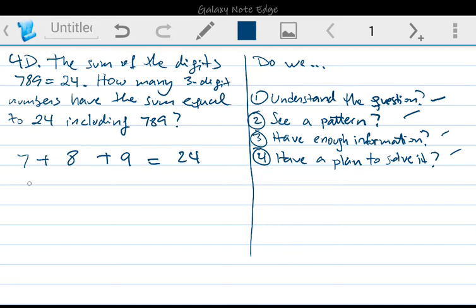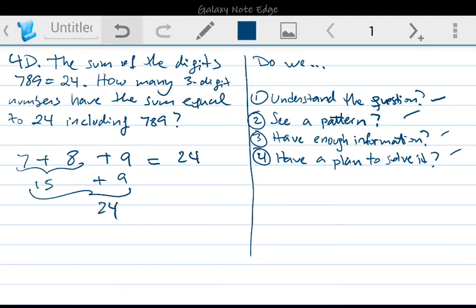Now, how does that work? Well, 7 plus 8 is 15, and 15 plus 9 equals 24.